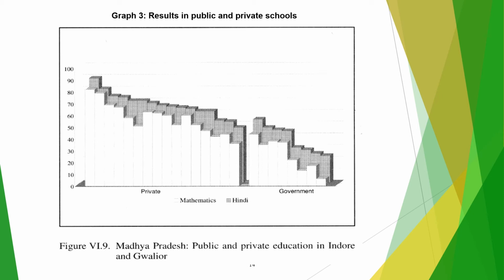What we see here is quite striking. The private schools, almost all of them, are doing better than the government schools. And I certainly do not want us to conclude, certainly not that we should privatize public education. I am fully against that. What is the question here is, why that difference?